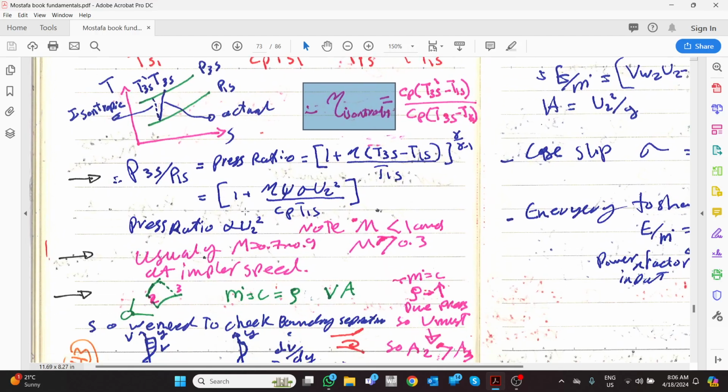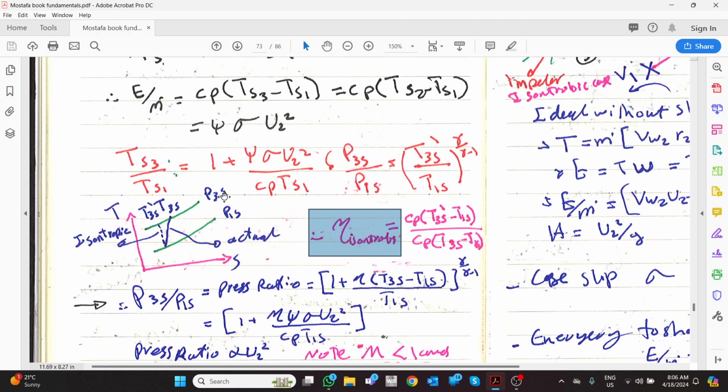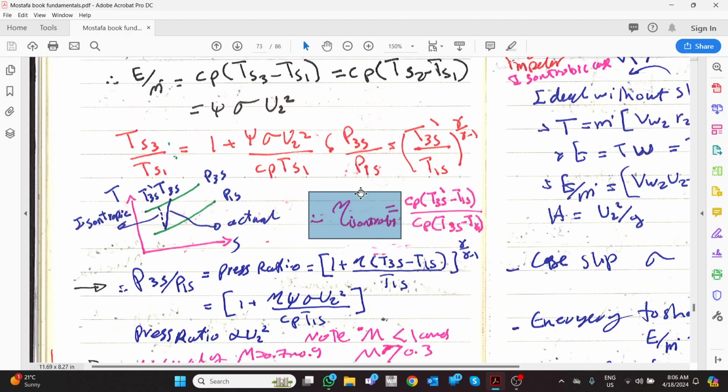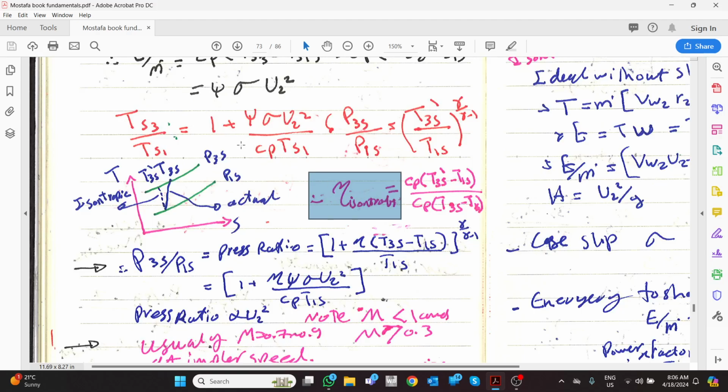Okay, so this is also up to you. You can define the pressure ratio. You can put from here CB by CB, so you can put from this one inside, and you start to make algebra.